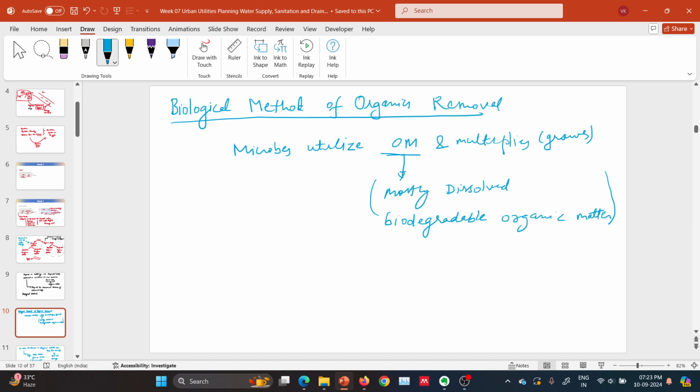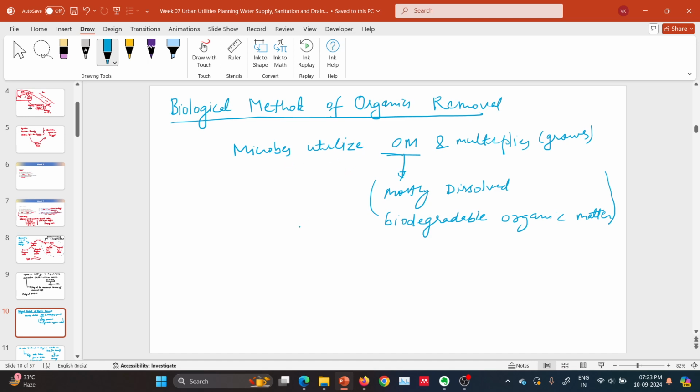So microbes can eat suspended also, but suspended can be easily removed in the sedimentation tank. So that's why we prefer the dissolved biodegradable organic matter to be consumed by the microbes.